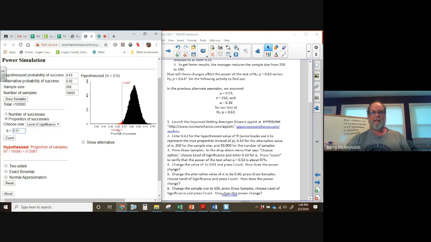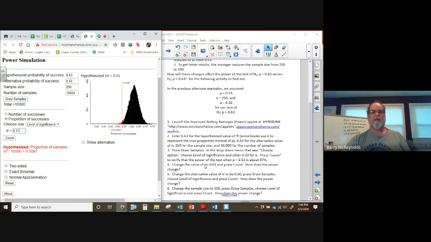If I get a p hat less than this value, I will reject the null hypothesis when in fact it's still true. Notice that the mean of my population still hasn't changed. I haven't done anything to change that value.